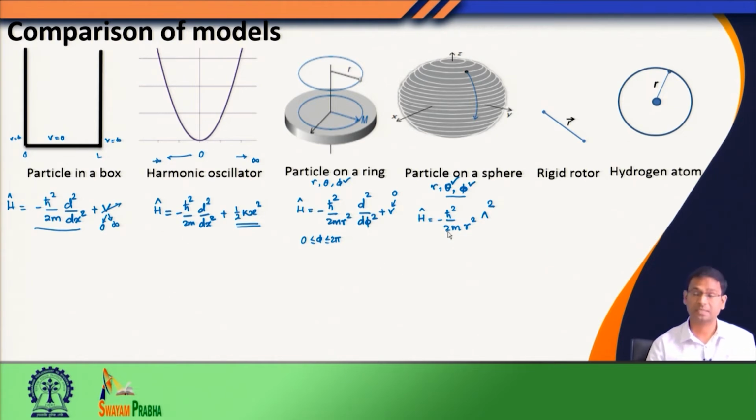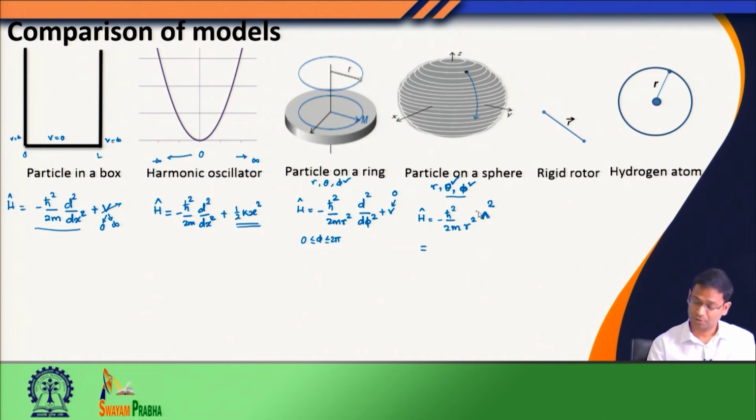So, that makes our life simpler, because this Legendrian is an operator which depends on only theta and phi, whereas the Laplacian operator shows differentiation with respect to r, theta and phi, whereas the Legendrian shows differentiation only with respect to theta and phi.